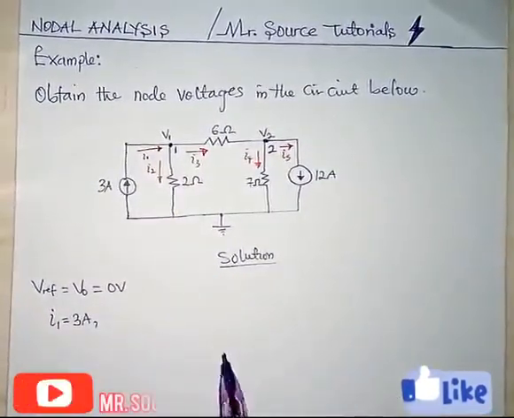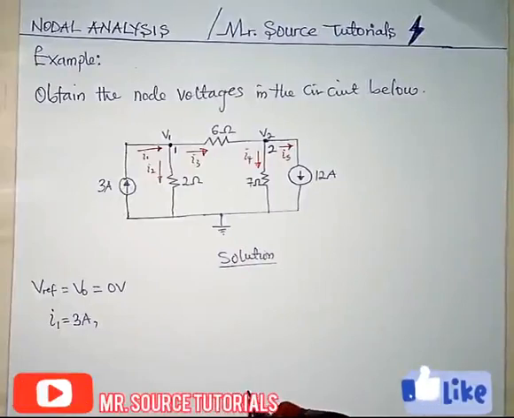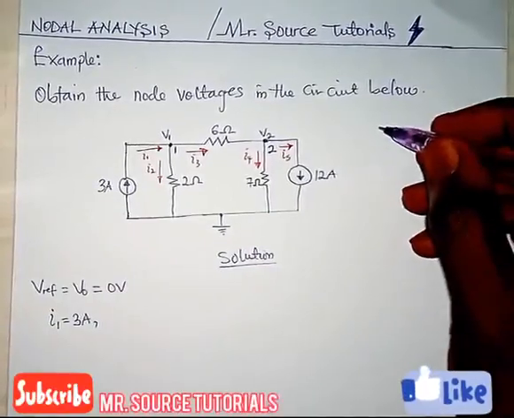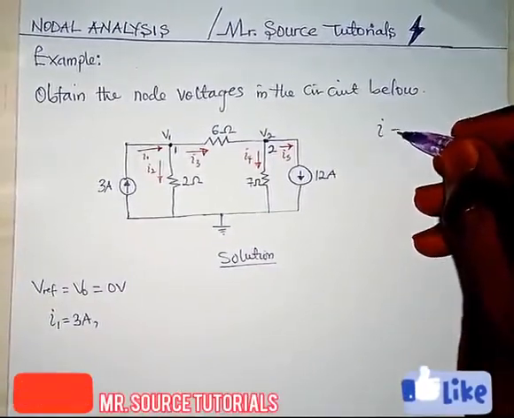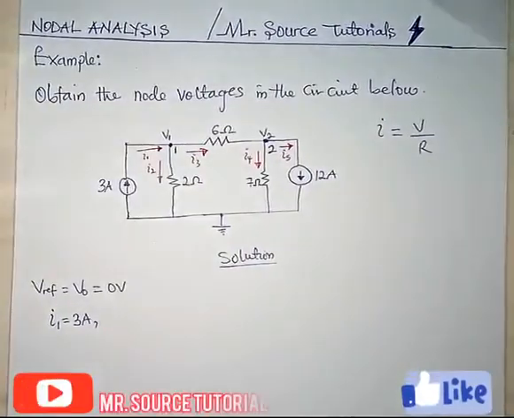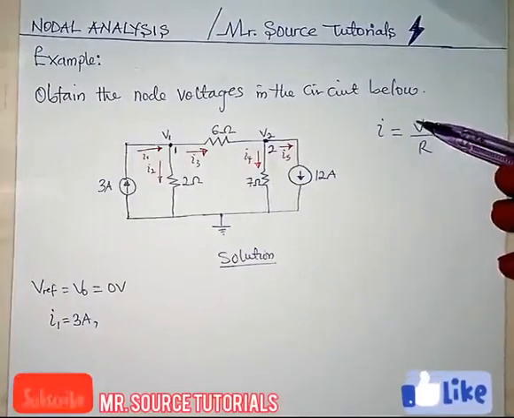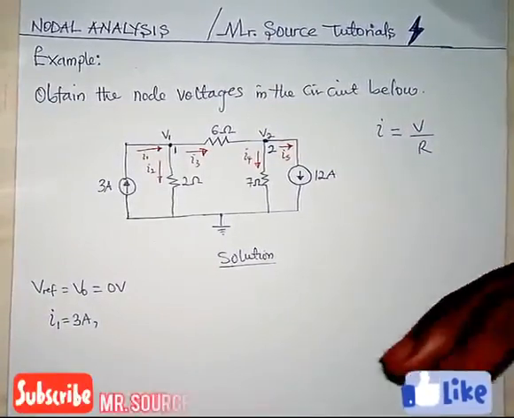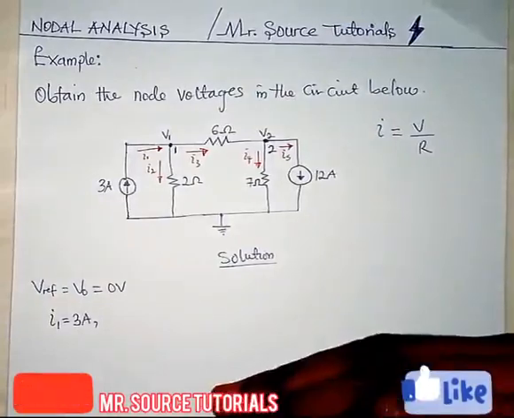Now, it is worth noting that in nodal analysis, Ohm's law says that current I is equal to V over R. But in nodal analysis, the voltage is simply the voltage difference from the higher potential to the lower potential.